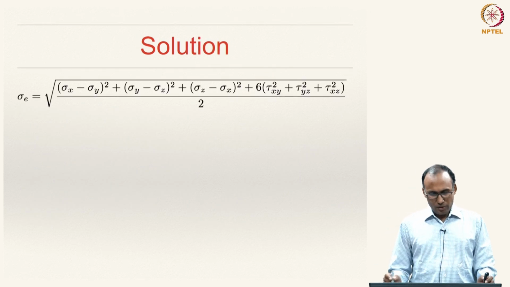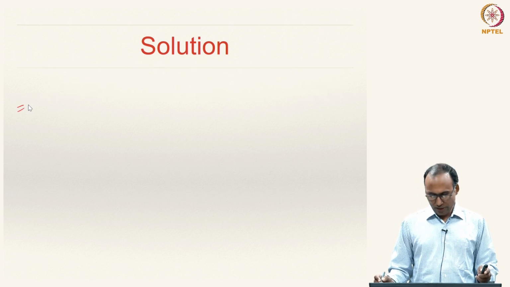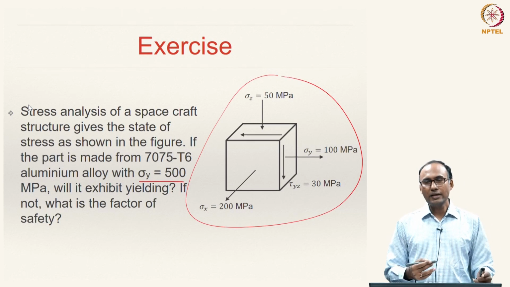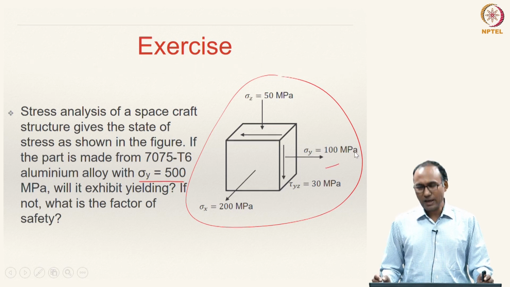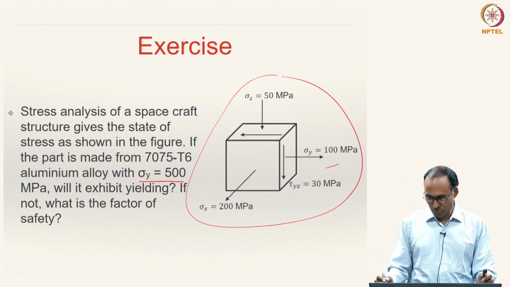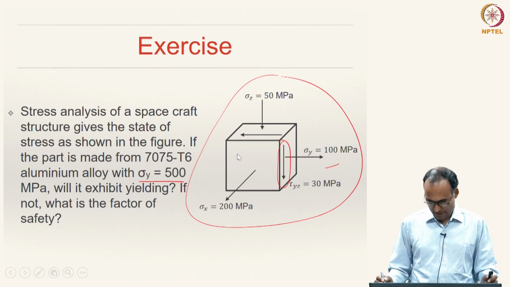So, this is our equivalent stress, because it is good to write in the XYZ frame of reference rather than in the principal frame of reference, because here we are given XYZ data, not the principal data, because you have a shear stress component here. So, that is not a principal state of stress.